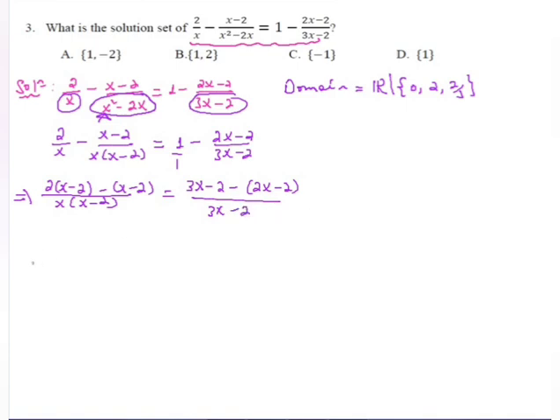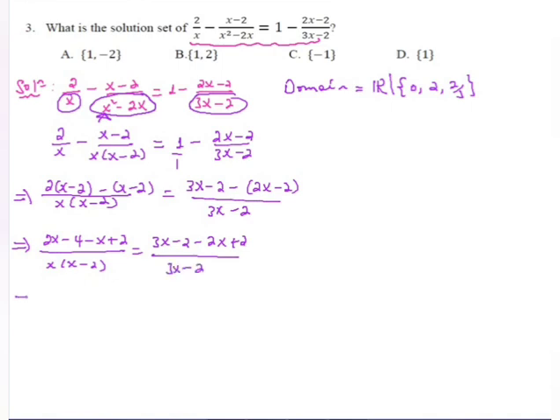So this can also be written as (2x minus 4 minus x plus 2) over x into x minus 2 is equal to (3x minus 2 minus 2x plus 2) over 3x minus 2.